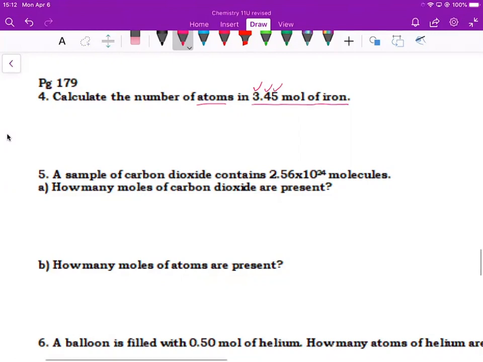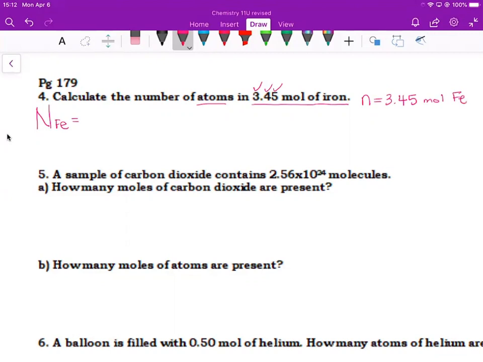What it's asking me to find is big N for iron. Iron comes by itself, so I have 3.45 moles of just plain iron. It's not a molecule, it's an atom, all by itself.